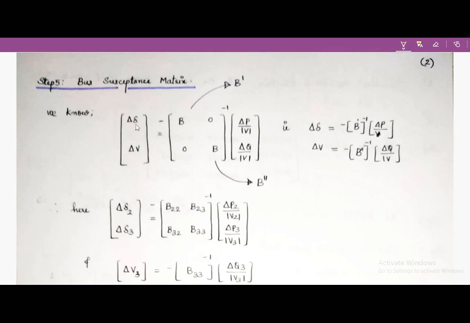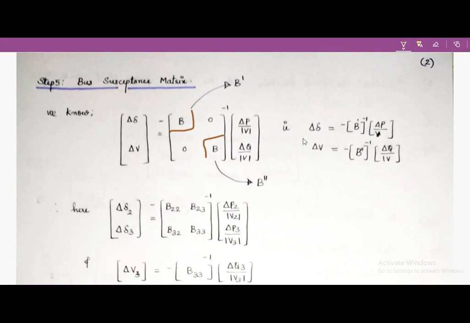You remember, delta delta, delta V is equal to minus B0, B0, B inverse into delta P by V, delta Q by V. Okay, so on expanding this, I can write delta delta is equal to minus B inverse delta P by V. I am splitting this matrix, this term and this term, isn't it? Delta delta is equal to minus B into this. The other term is 0. Similarly, delta V is equal to minus B into this.